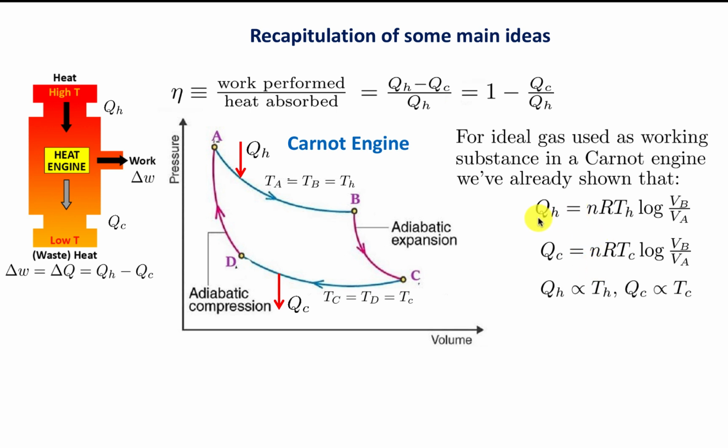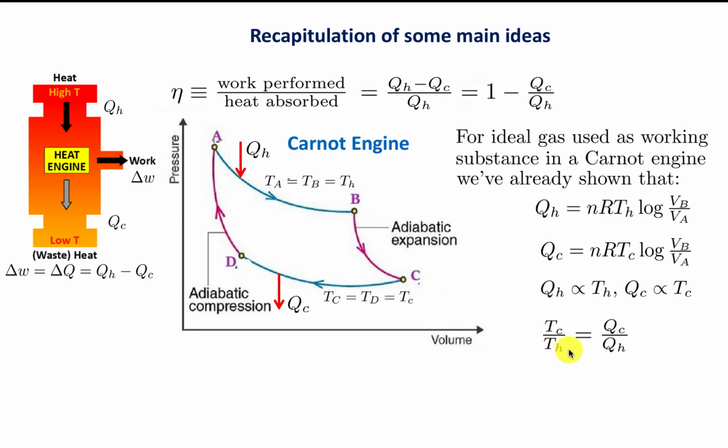The important point to note over here is that QH is proportional to TH and QC is proportional to TC. So the heat absorbed from a reservoir is directly proportional to the temperature of that reservoir. You can see that if we divide QC by QH, that's over here, then that's just equal to TC divided by TH.